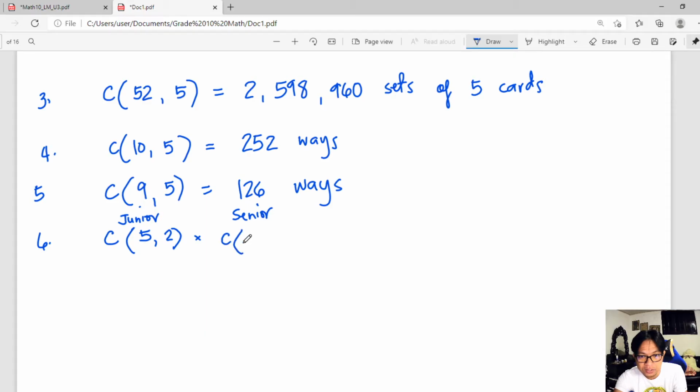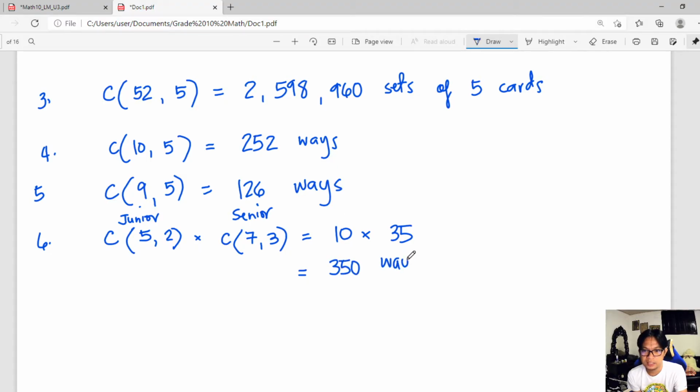So, combination of, there are 7 seniors, taken 3 at a time. So that is equal to, this one is 2 at a time. That is 10 times 7 combination 3, that is 35. So 10 times 35 is 350 ways.